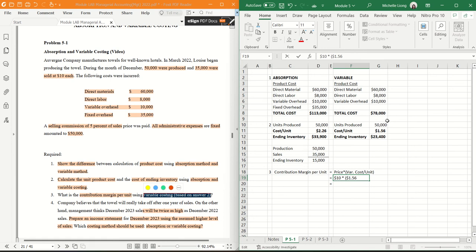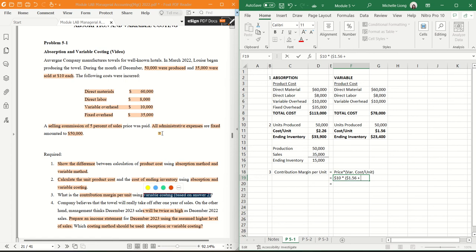It's not only this variable cost, but also your selling commission of 5% of sales. If you ask why the administrative expenses are not included, it's because it's fixed. As simple as that. So we only need to calculate the selling commission.